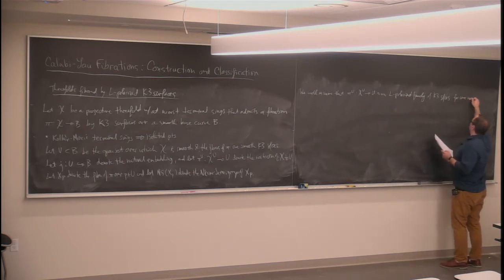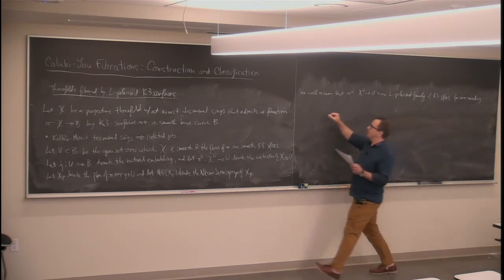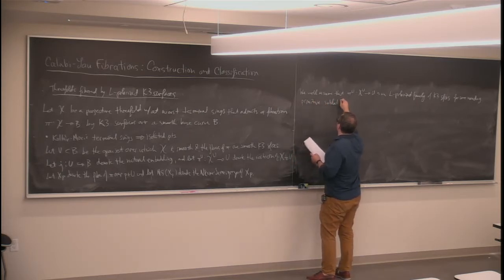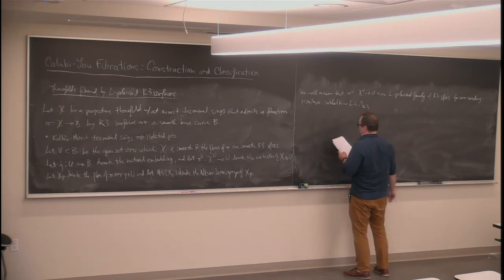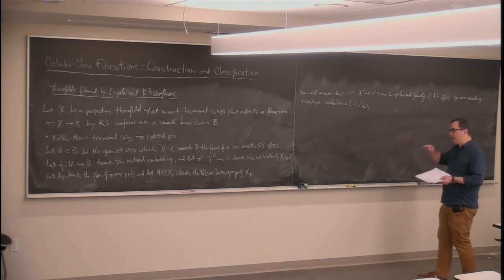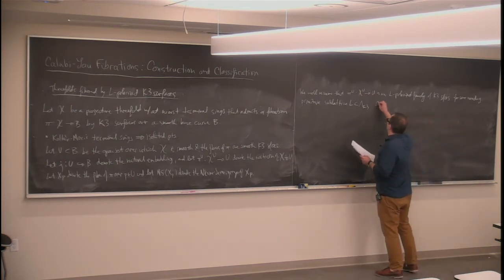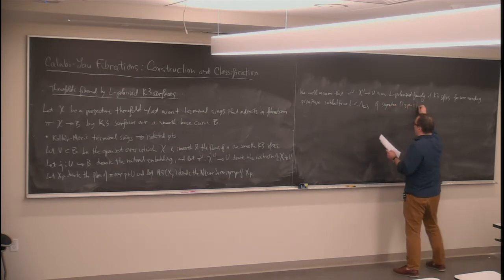For some non-degenerate primitive sublattice L in the K3 lattice. Okay, remember the K3 lattice is 3 copies of H and 2 copies of the negative definite E8, of signature (1, rho minus 1).